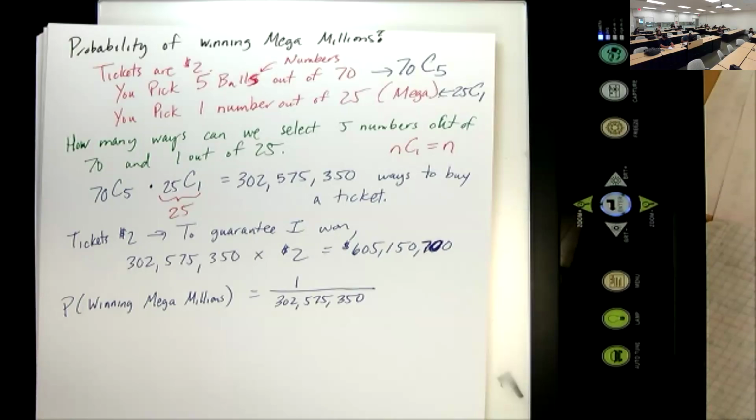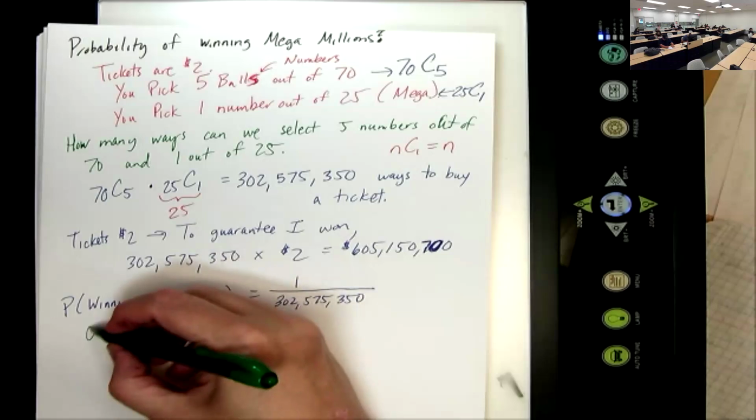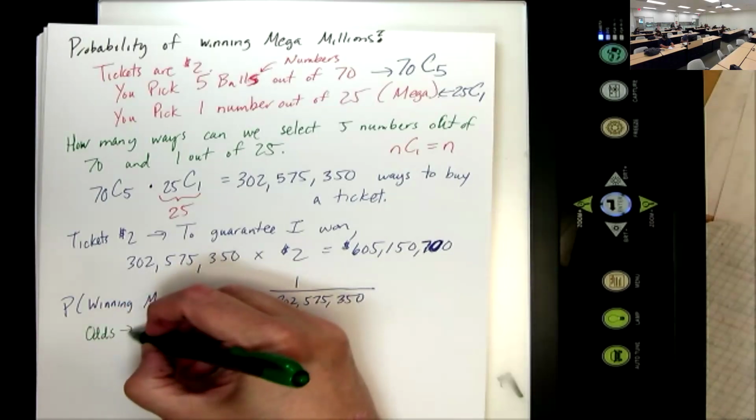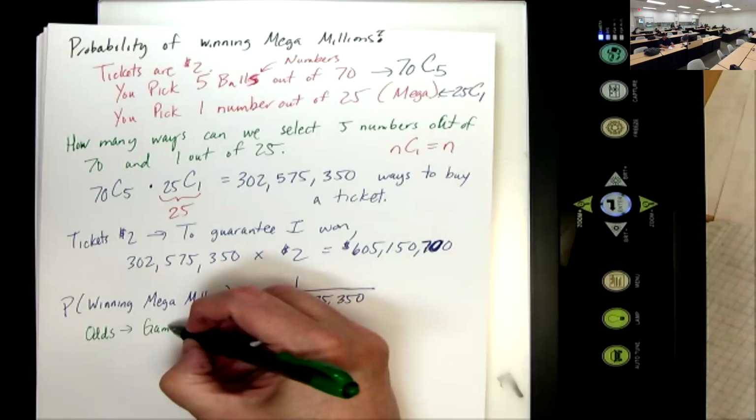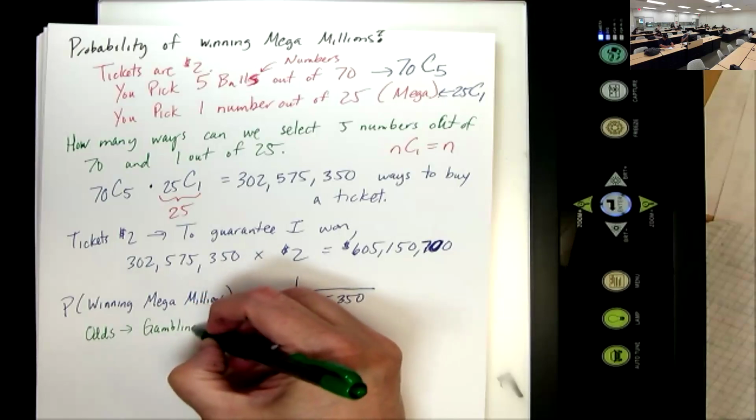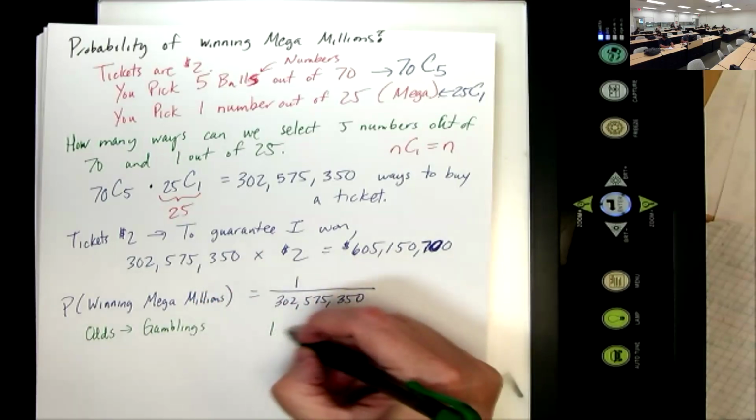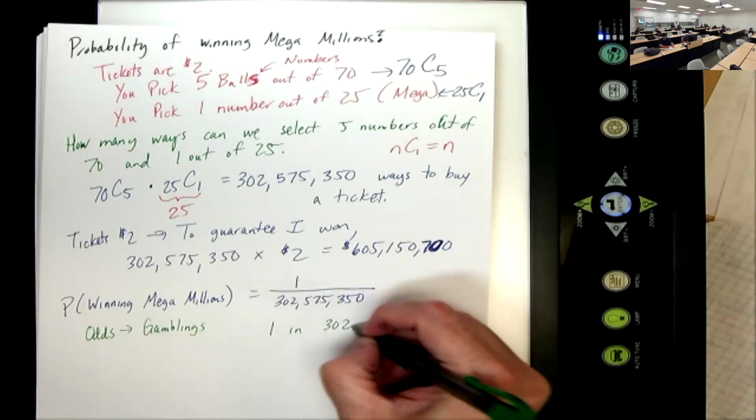When they talk about odds, and they do this in gambling, this is written as 1 in 302 million.